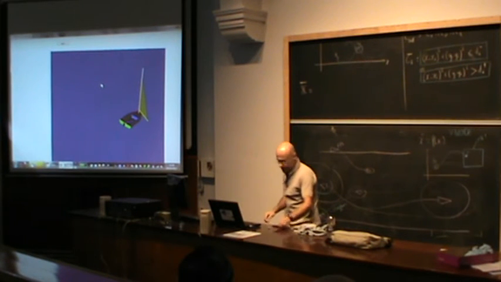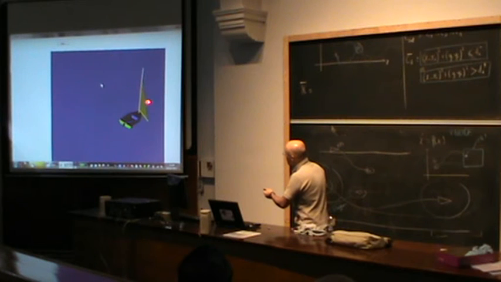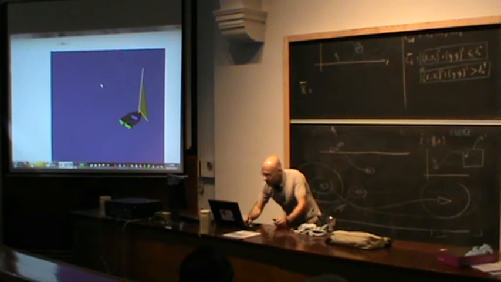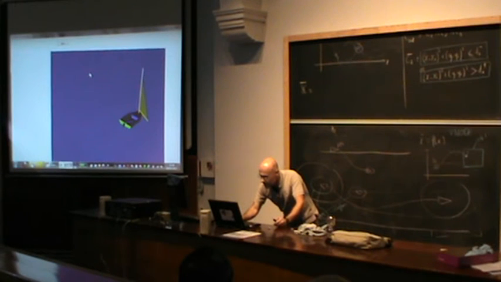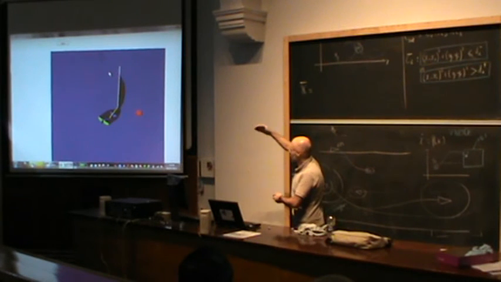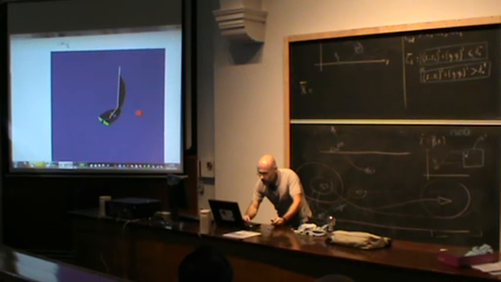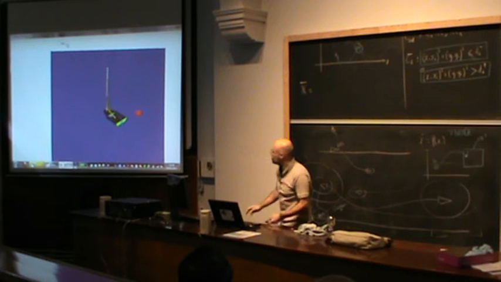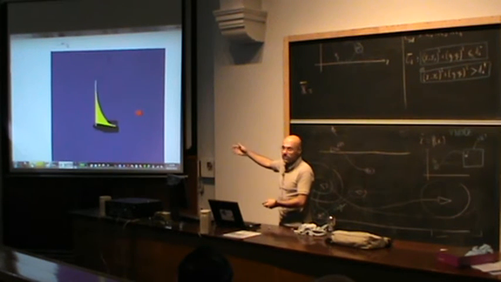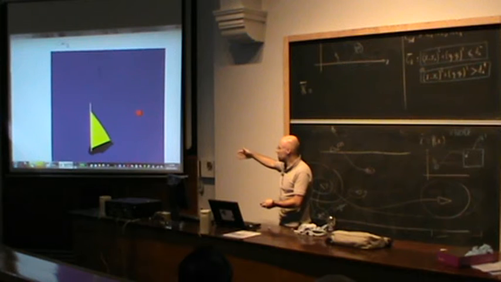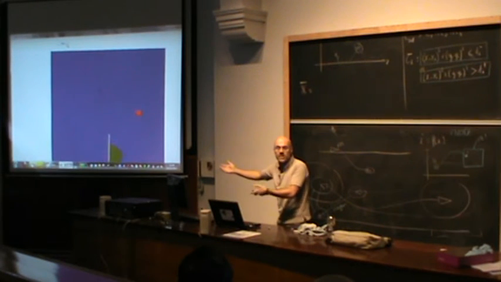Here is the wind. And you can see here, the sail behaves like a flag. Typically, the state equation describes the dynamics of the robot.